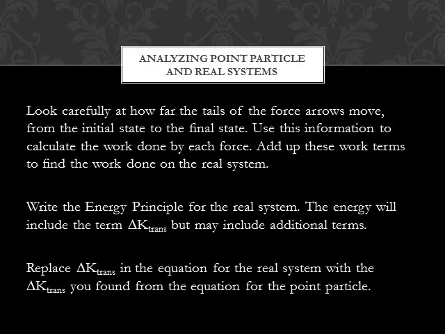Then we're going to write out the energy principle for the real system, and the energy will include a term of the change in translational kinetic energy, but it may also include other terms like the change in internal energy, or the change in vibrational energy, or the change in rotational kinetic energy, and so on. Once we do that, we know the change in translational kinetic energy we found in the point particle equation. We can substitute that in for the change in translational kinetic energy in the real system and help us figure out the change in energies of other parts of the system.